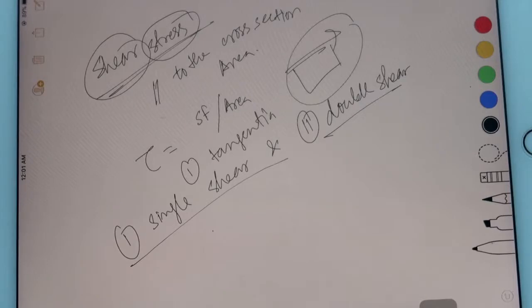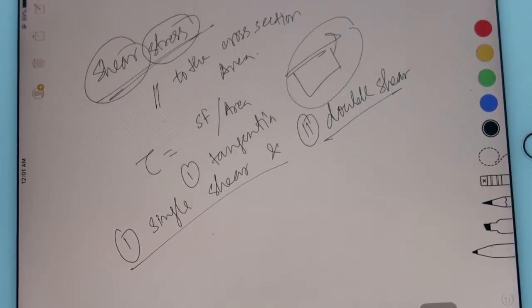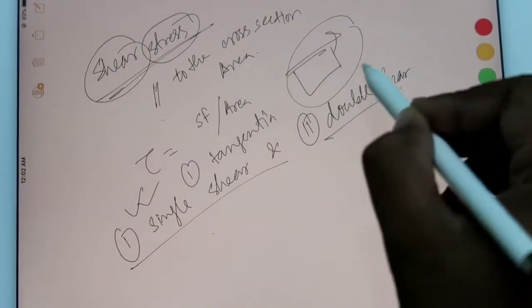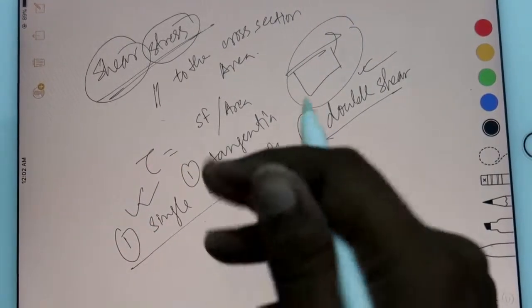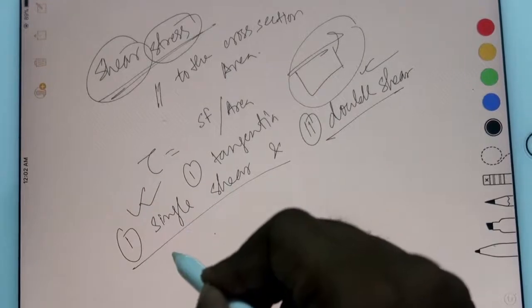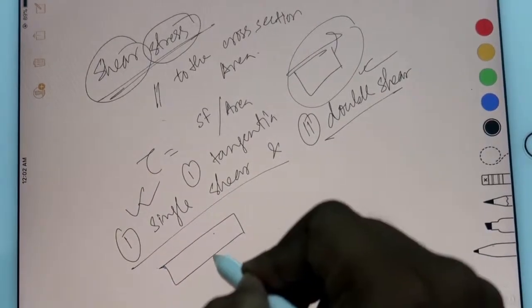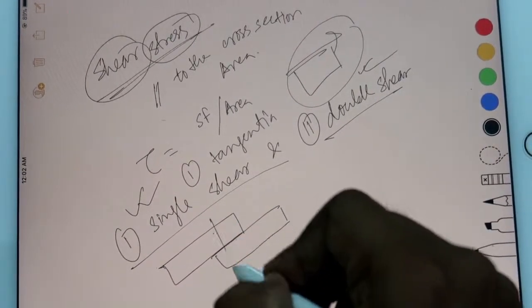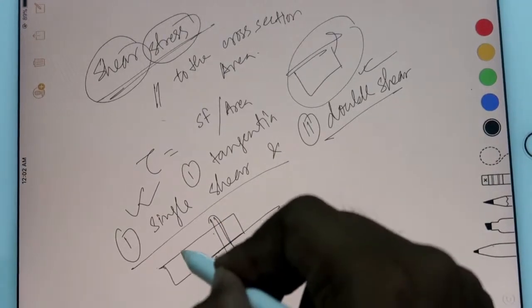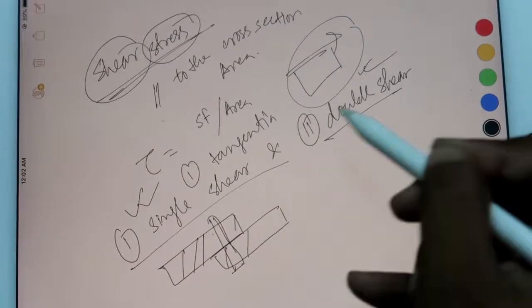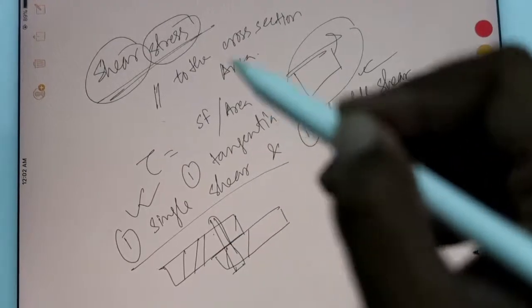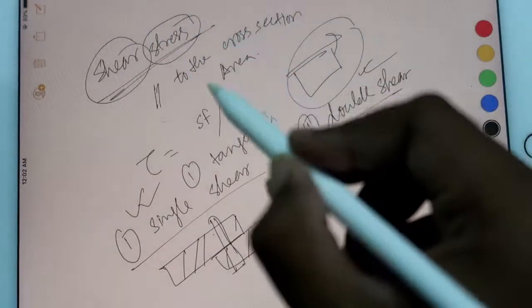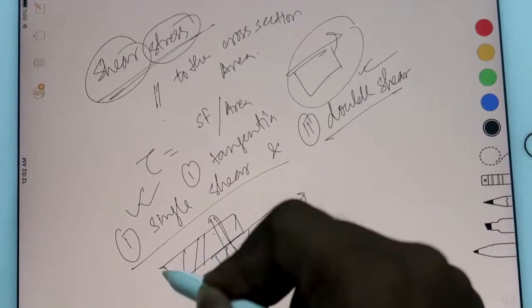If anyone is from third year diploma or a final year BTech student who has done steel structures, there are the words single shear and double shear. Very simple. What is single, what is double? If these are two plates and this is the bolt connection, and this is gusset plate 1 and this is gusset plate 2, then tell me from where the tearing happens.